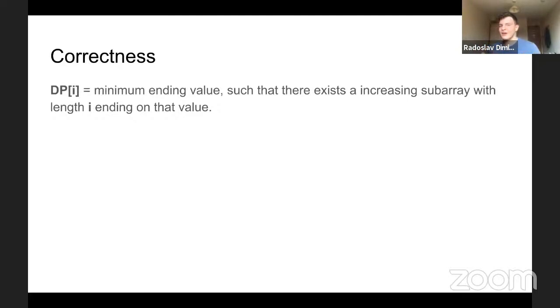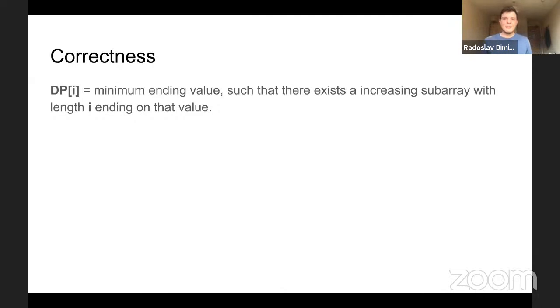And what we want to do is to keep the minimum value of a subarray that ends on, okay, let me try explaining it in a nice way, because to be fair, it's a bit tricky.